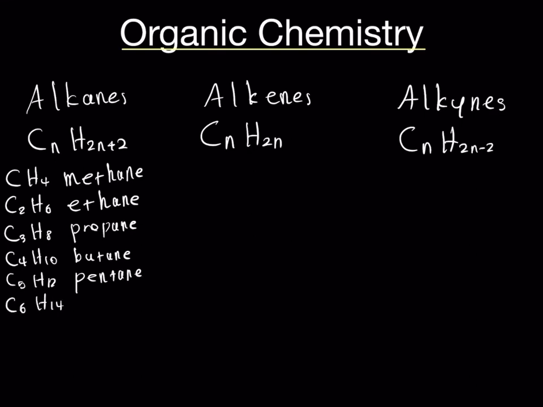C6H14 is hexane. And C7H16 is going to be heptane. Actually, that was wrong. Sorry. It's going to be C7. C8H18 is octane.